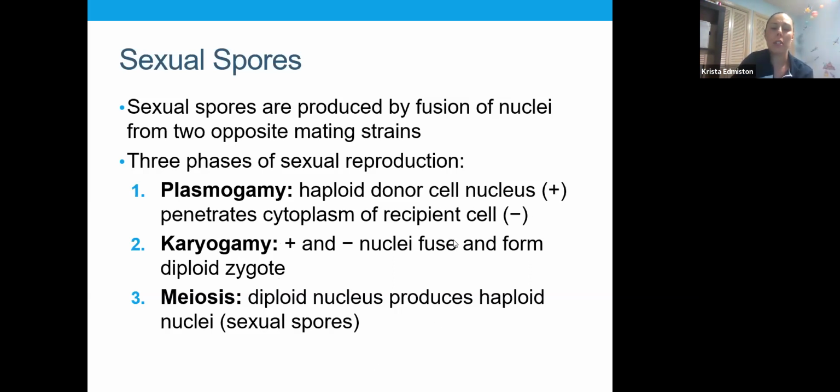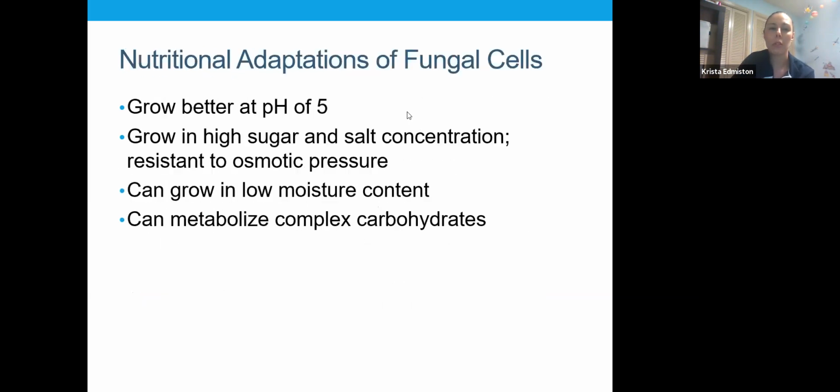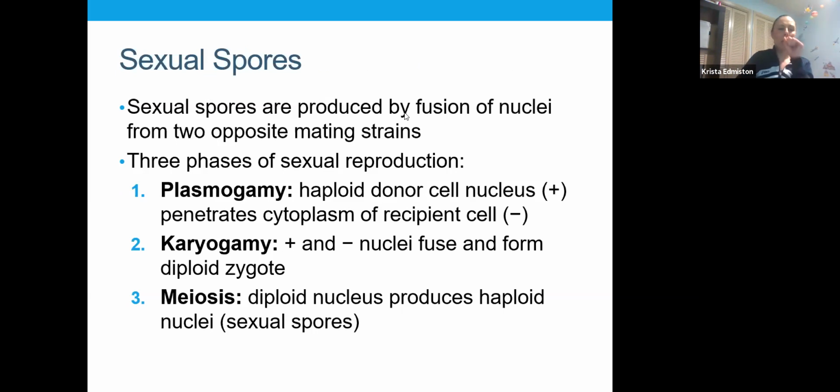Then that zygote is able to replicate and form a new mold. Oh, I thought I had a picture of that. I guess I don't. I do have a couple of pictures of specific examples, but the idea is a donor that's positive interacts with a recipient that is negative.